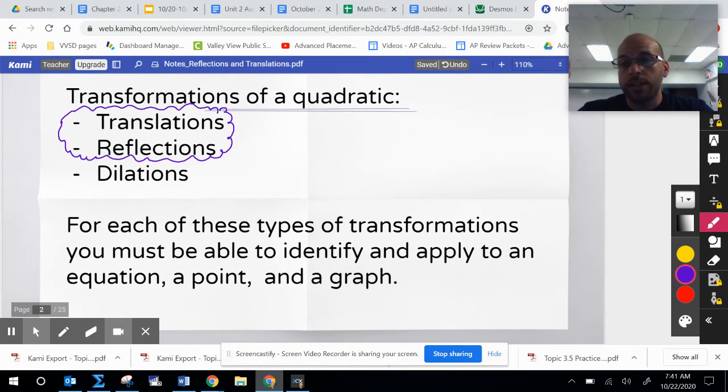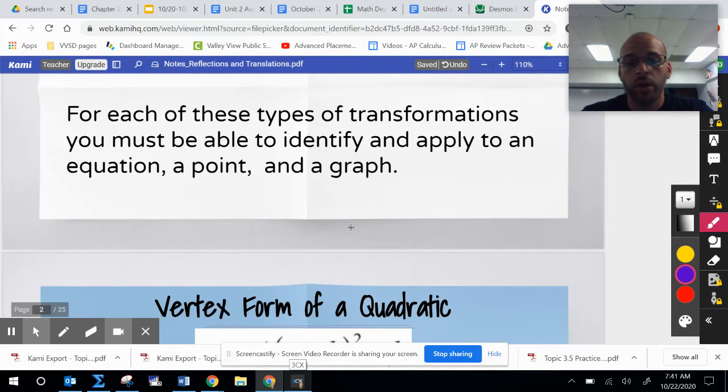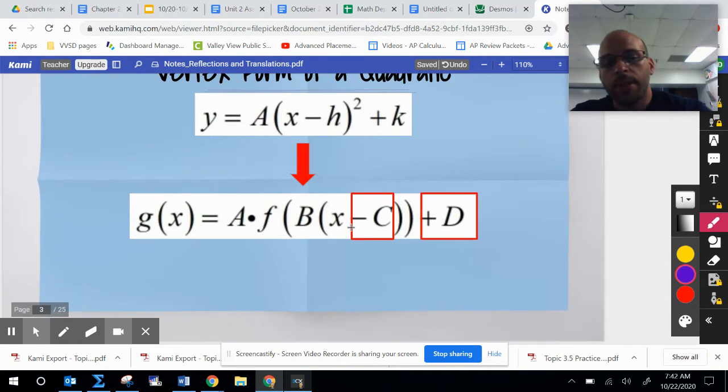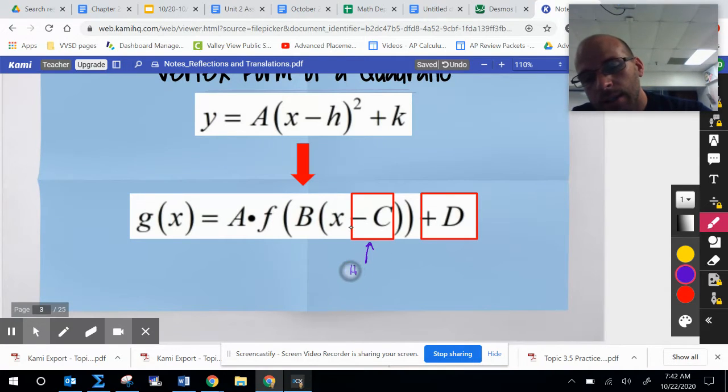Remember, we need to be able to identify what those transformations are and also apply them to points, tables, graphs, the whole works. So just as a quick recall, when you add or subtract on the inside, this is going to give me a horizontal translation.